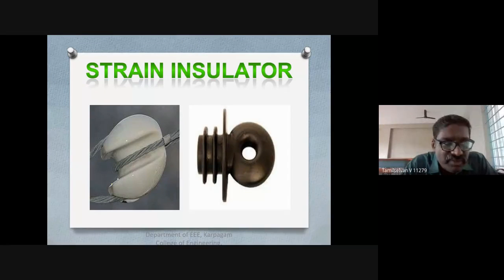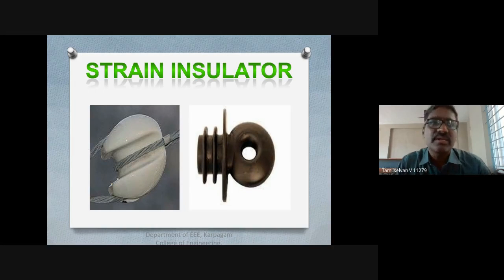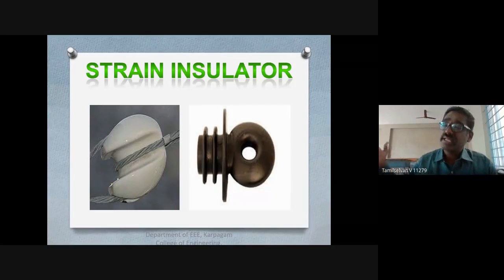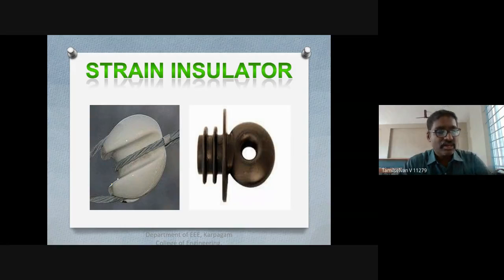Whenever there is a dead end of your line, or a corner, or a sharp curve, at that point the line will be subjected to greater tension. To relieve the greater tension, we use strain insulators, because at the end of the transmission line the conductor has to be tied, since the entire length will be lying on the last one.